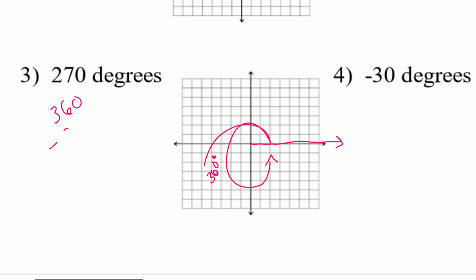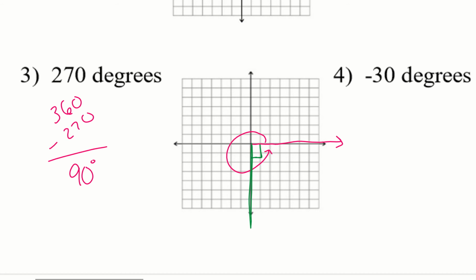And that's going to give me 90 degrees. So that means there is 90 degrees left until we hit 360 degrees, which means it'll be here. So we have that 90 degrees left over, and so our angle for 270 degrees goes all the way to the negative y-axis.